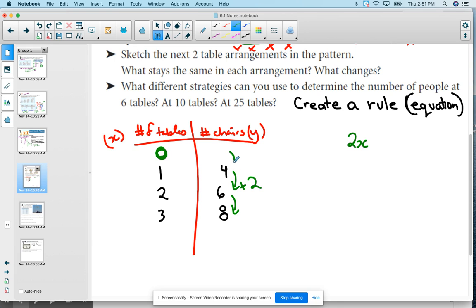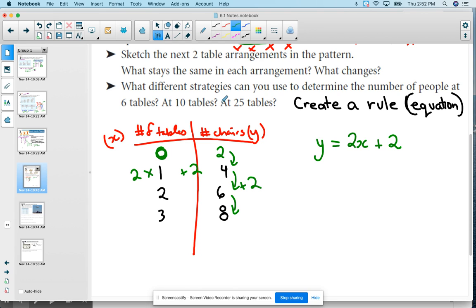So going up by 2's, this should be a plus 2. So y is equal to 2 times 1 plus 2. It does equal 4. So y is equal to 2x plus 2. There is my equation.